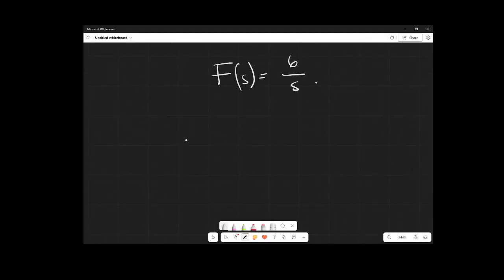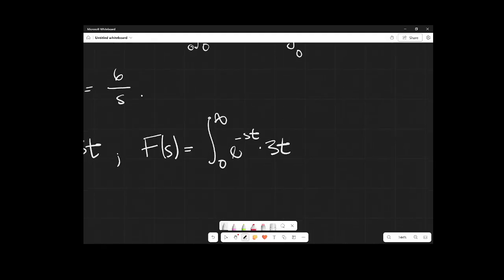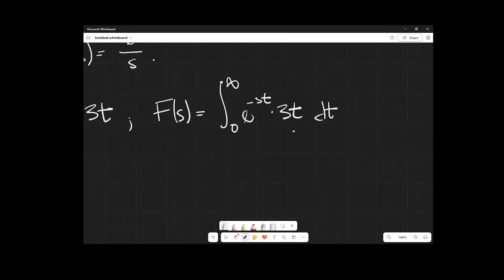Try another one. Let's say f of t is equal to 3t, right? So then we'll just say that the Laplace transform, we're going to apply this integral. Probably many of you recognize this as integration by parts.